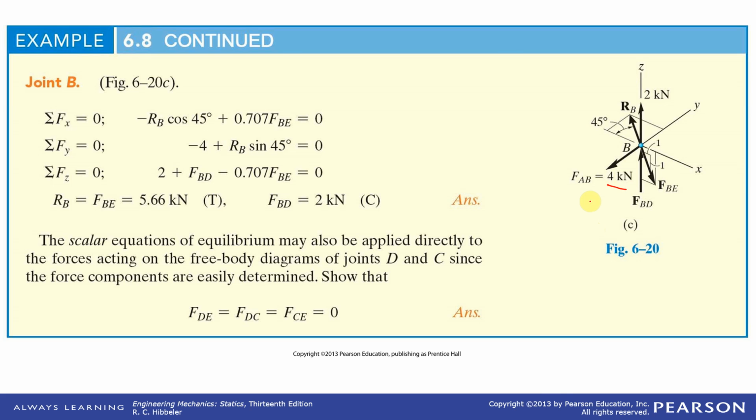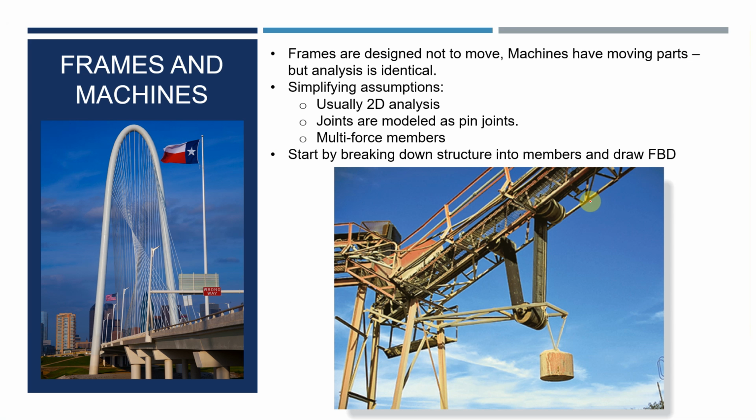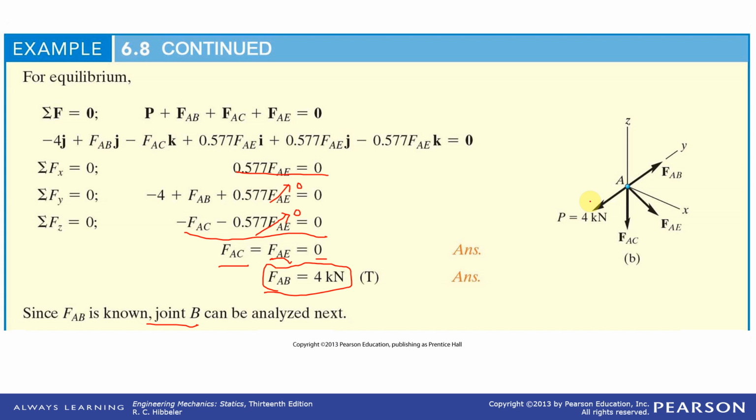Let's go back. We're looking at joint B. So we have the FBD, FBE, BX, BY.